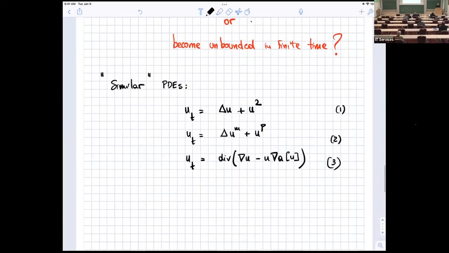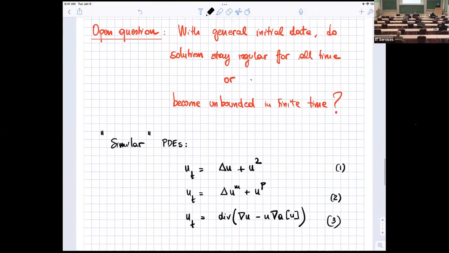Why does the mathematical community strongly believe that solutions stay regular?